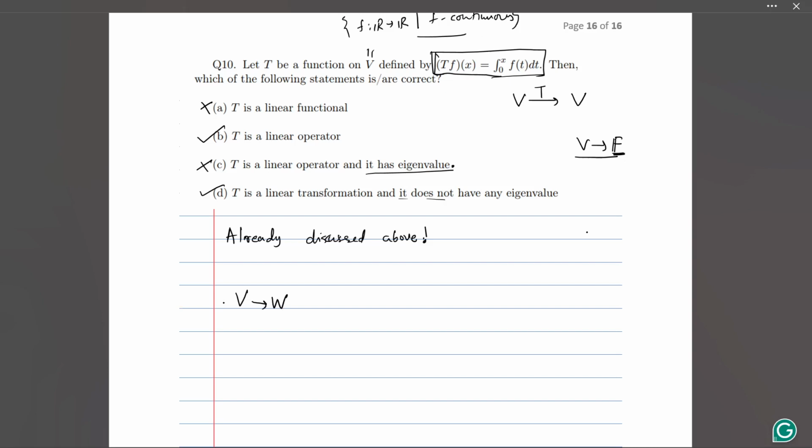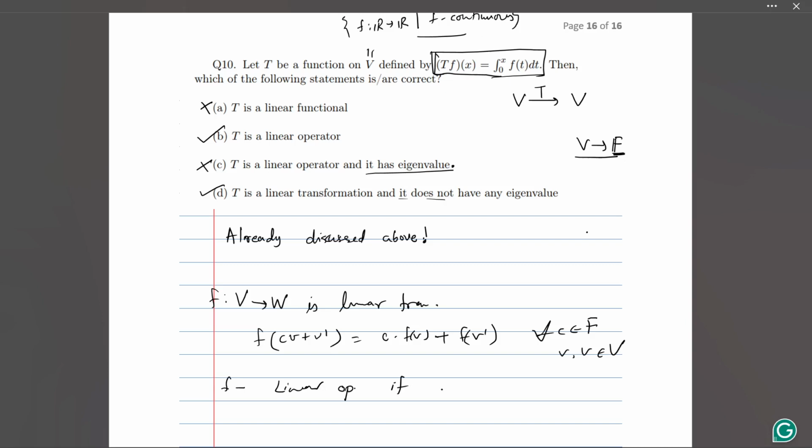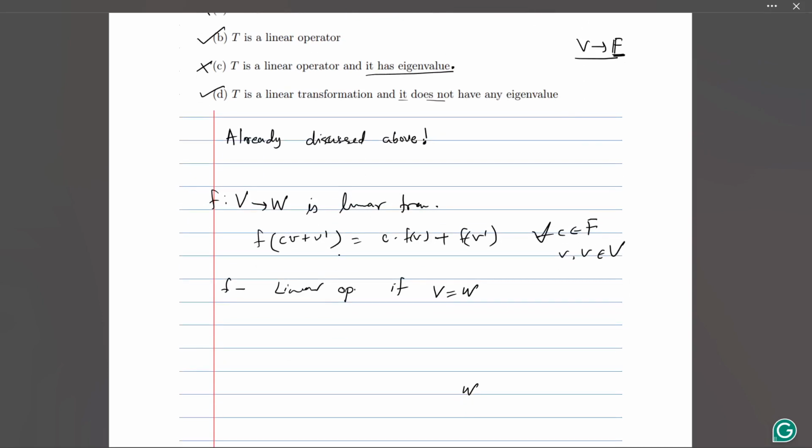For V to W, a map f is a linear transformation if f of (c v plus v prime) is equal to c times f(v) plus f(v prime), for every c in the field F and v, v prime in V. A map f is a linear operator if V is equal to W. It is a linear transformation, but it is a linear functional if W is equal to the field F.